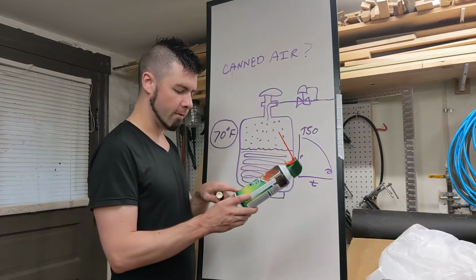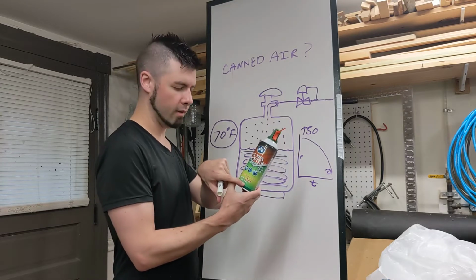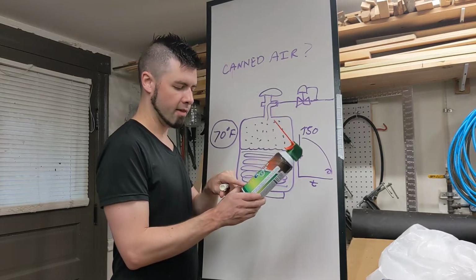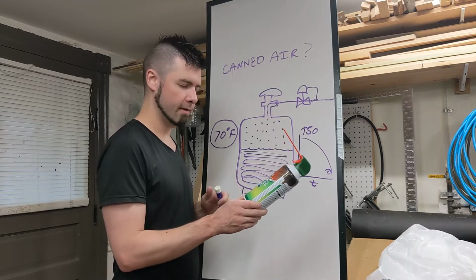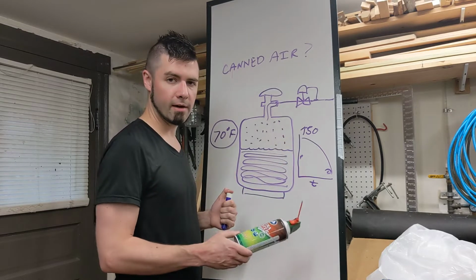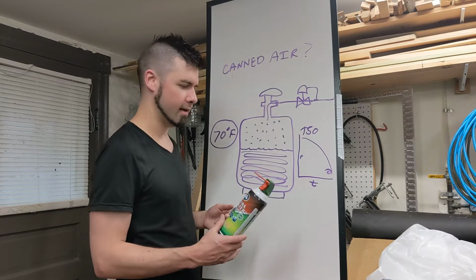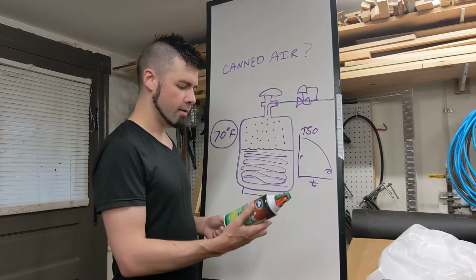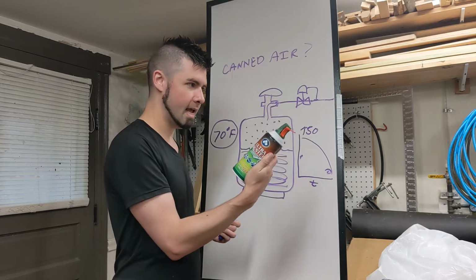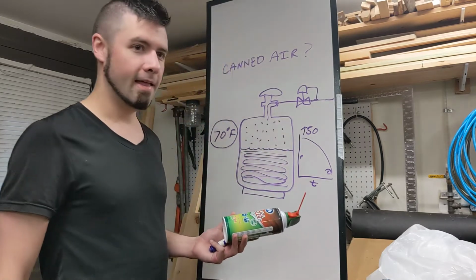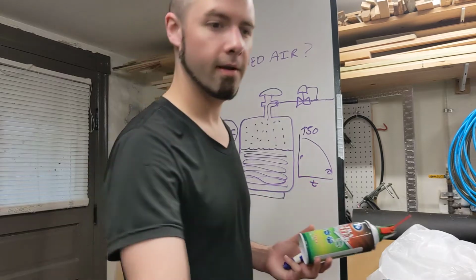So this can has a volume of 374 milliliters. So 374 times 10 gives us 3.74 liters, or just under a gallon. Almost exactly a gallon.